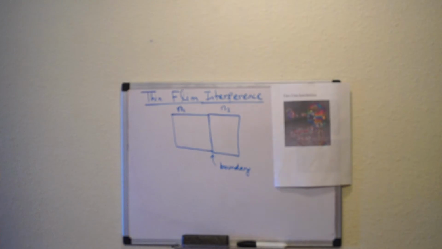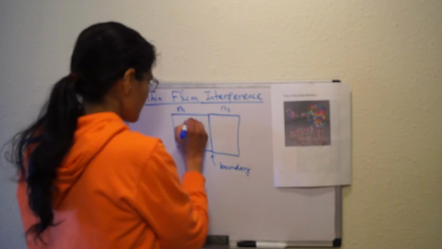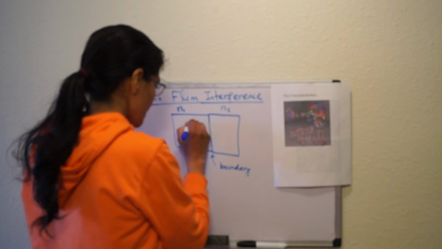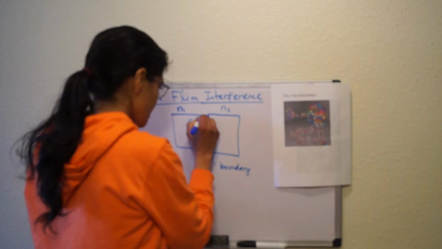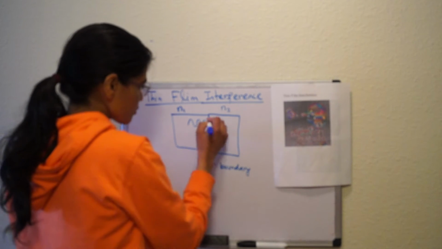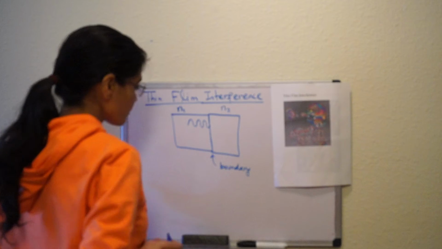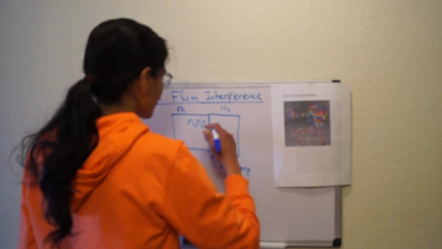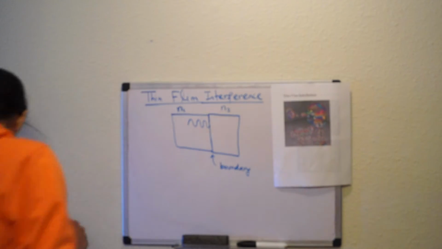Now, if we have a light wave incident to this boundary, let's say there is a wave that goes like this. Two things can happen once it gets to this boundary: either it can reflect back, okay.